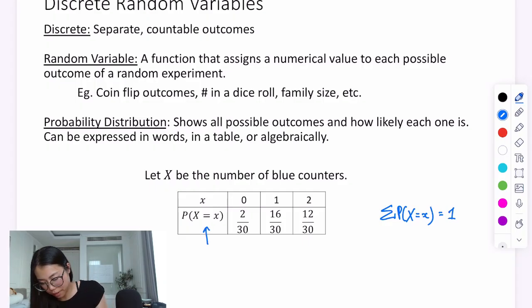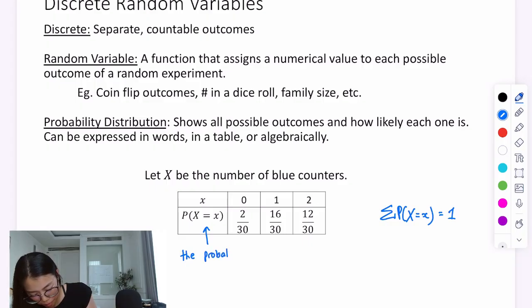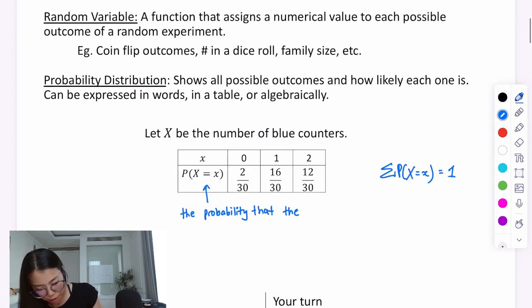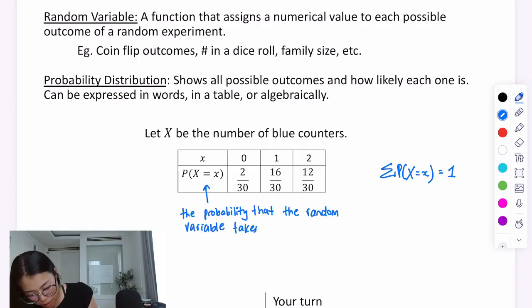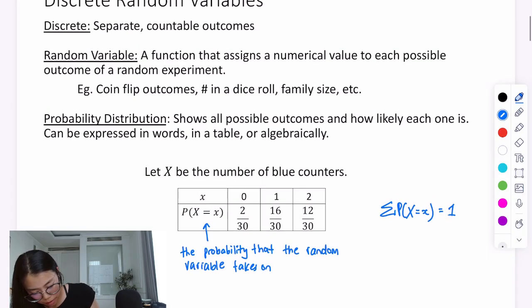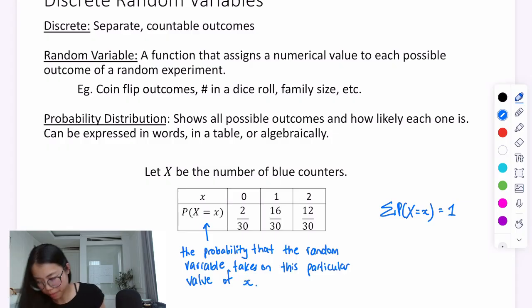This expression represents the probability that the random variable takes on this particular value of x.